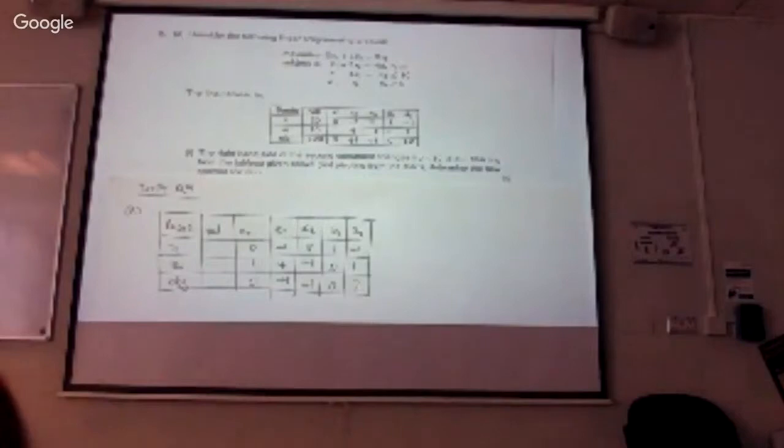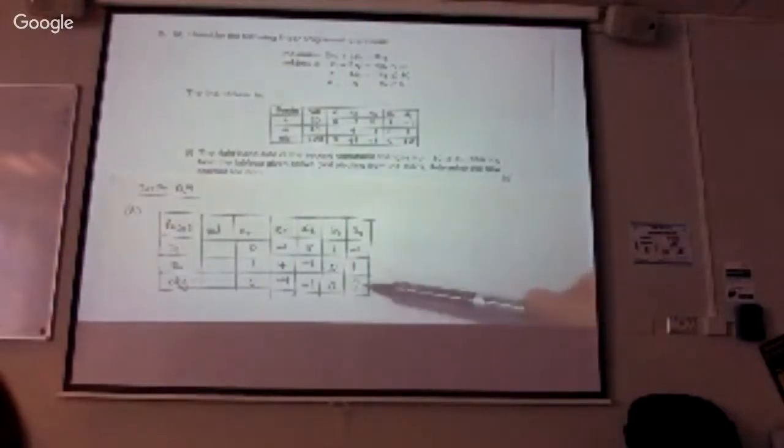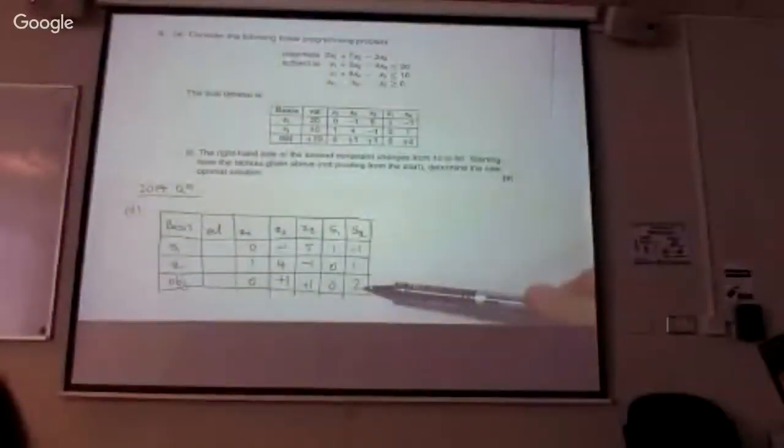And the reason for this is that last year's exam questions were all wrong. Well, not wrong, but the students all learned the objective row with the opposite signs to what you're learning. So whenever you see a model solution, you have to be tolerant of various things occurring in the objective row.